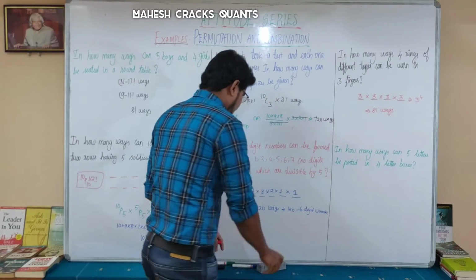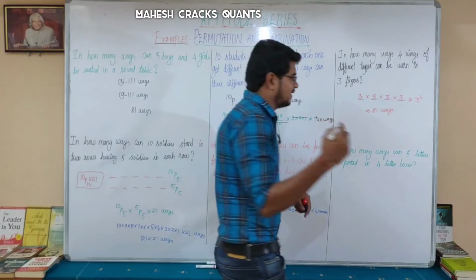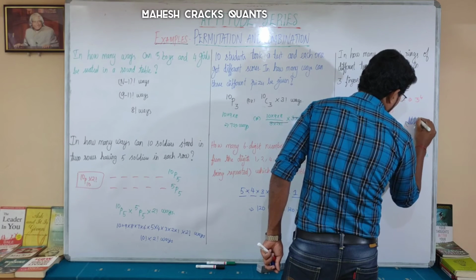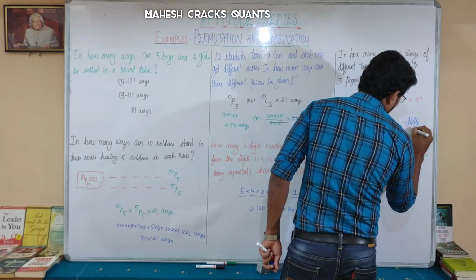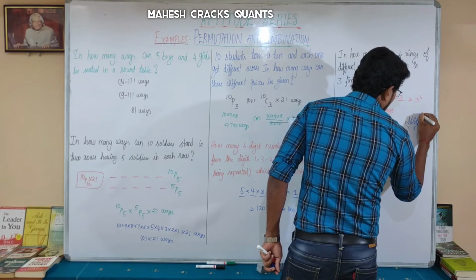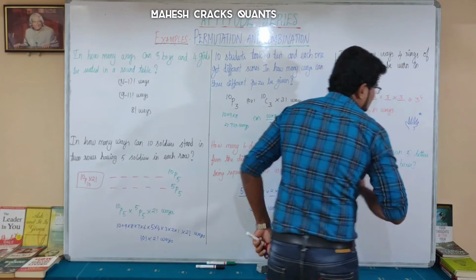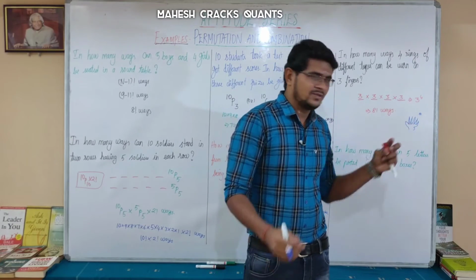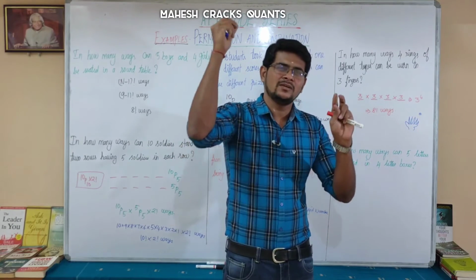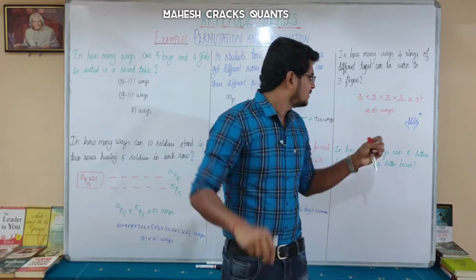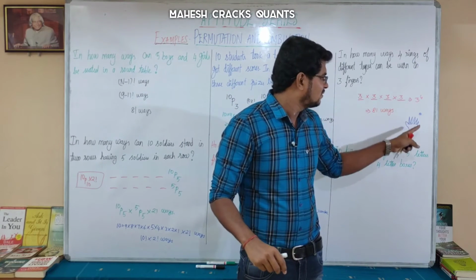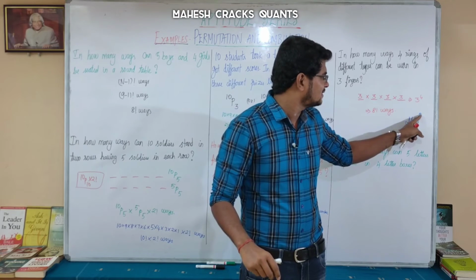If you are getting confused, I will tell you an easy way. Rings should be worn on the fingers. What is the count of the fingers? 3. What is the number of rings? 4.